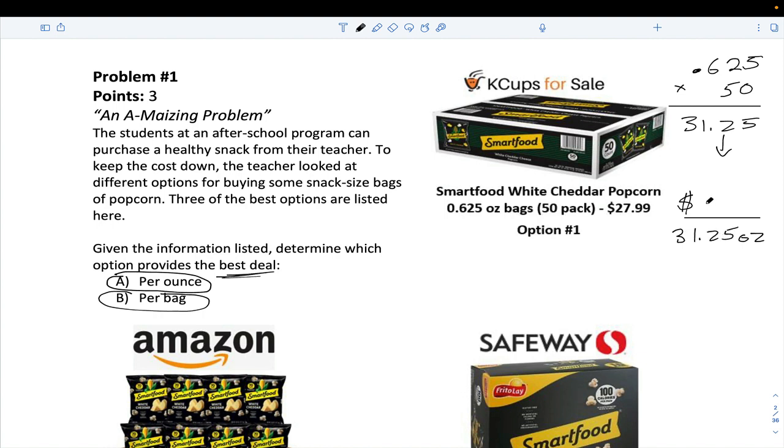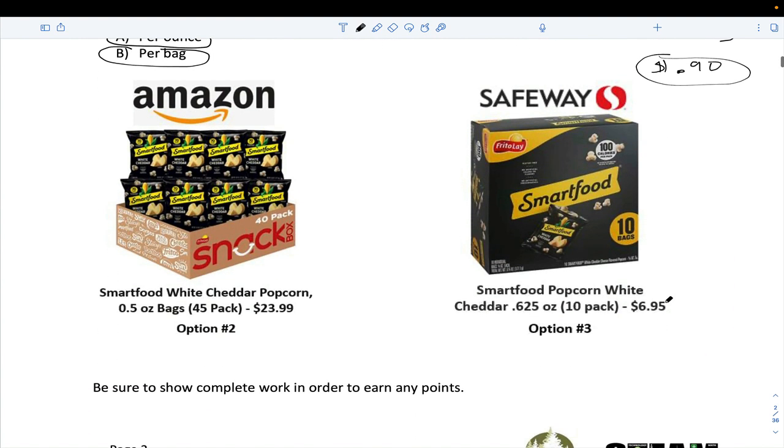And if you want to know how much per single ounce, you would take the total money and divide it. So 27.99 divided by 31.25, and that's 0.8957, which if we round up, is about 90 cents. Okay, so pretty cheap. We're going to set that to the side and go to option 2.